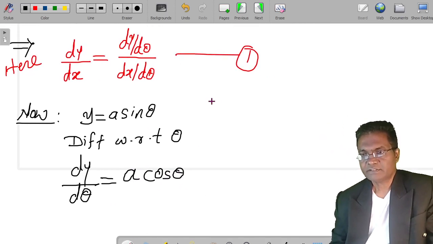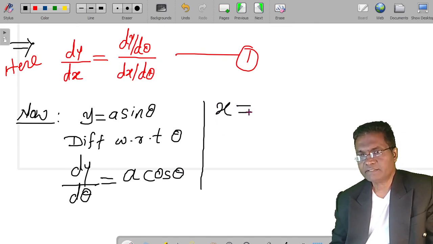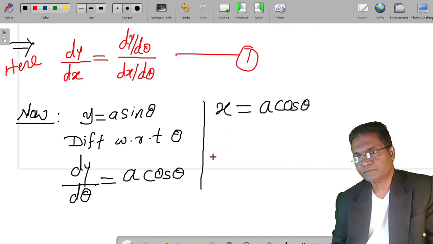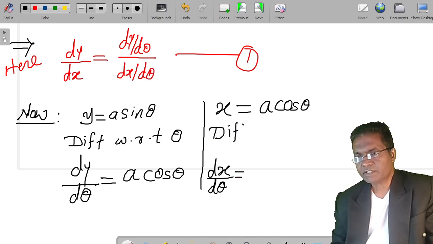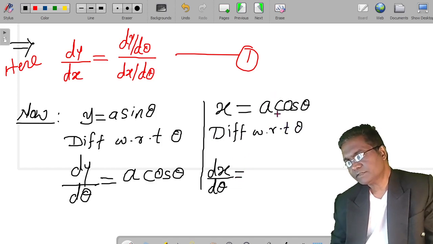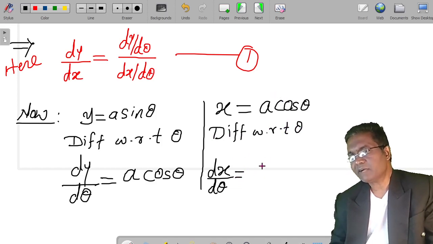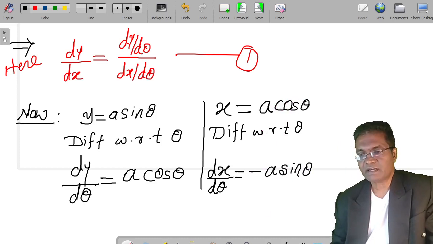Okay, so similarly you have x is equal to a cos theta. Differentiate with respect to theta. So the derivative of cos is minus sine, so I can write minus outside, a sine theta.